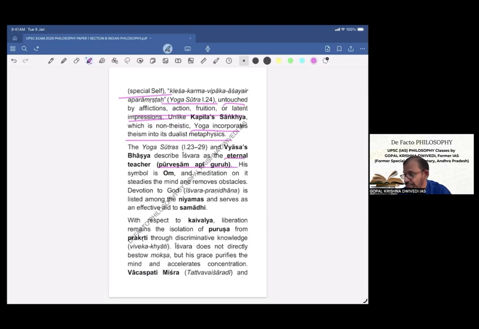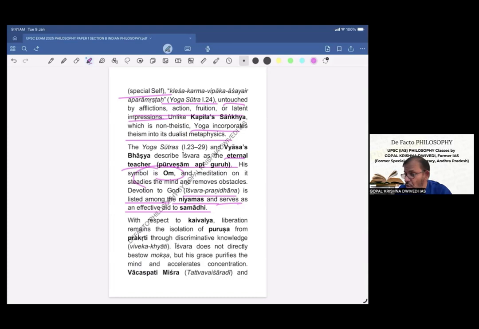His symbol is Om, and meditation on it steadies the mind and removes obstacles. Devotion to God, that is Ishvara Pranidhana, is listed among the niyamas and serves as an effective aid to samadhi. With respect to Kaivalya, liberation remains the isolation of Purusha from Prakriti.